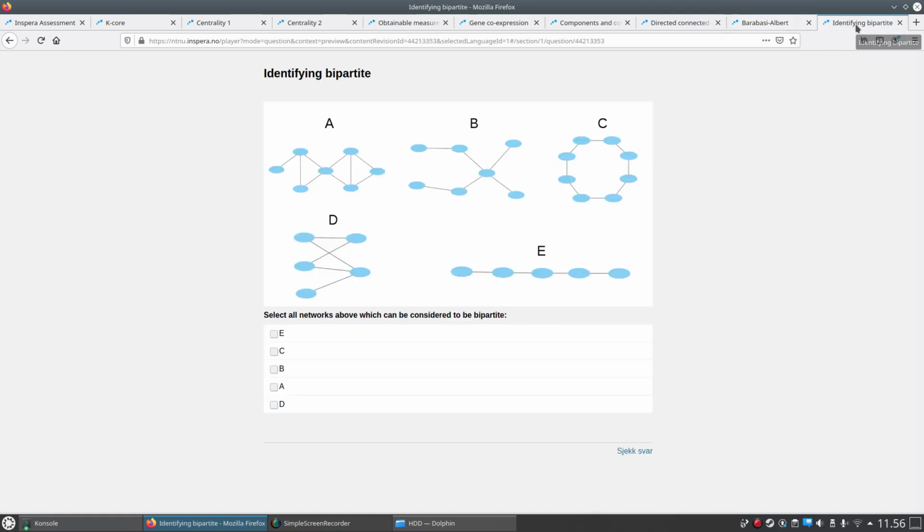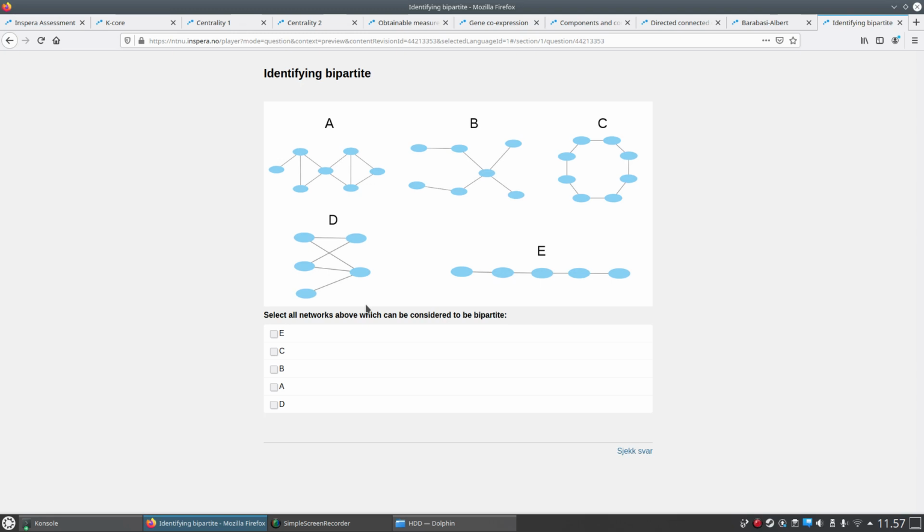So on to the last question, and here we're talking about identifying bipartite networks. Here we have 5 network visualizations, and the question is, which of these can be considered to be bipartite? Bipartite, that's a strange word to pronounce. Before we go through these networks, we can remind ourselves of the definition of a bipartite network. There are 2 ways of phrasing it.